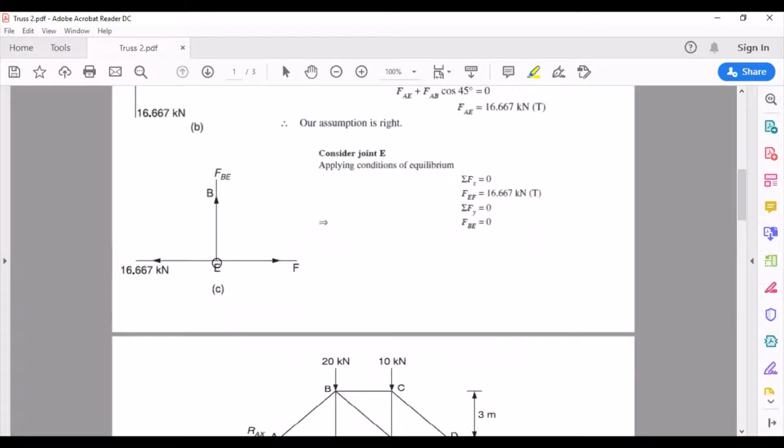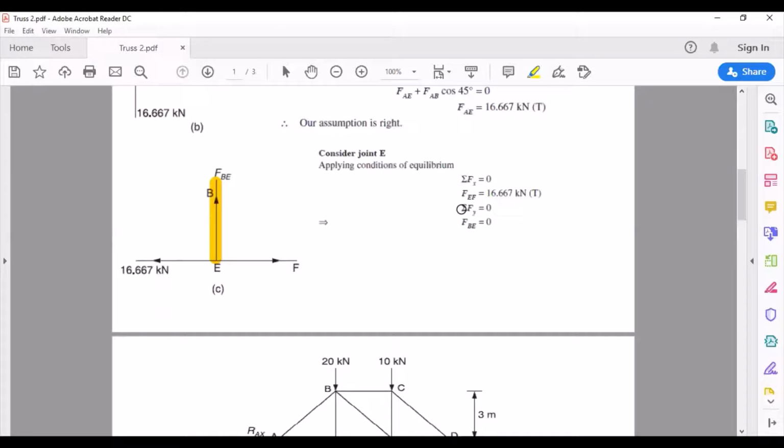You can see that E to A is moving in the leftward direction, whereas EF and EB are assumptions. I have assumed both outside. Now see, one thing you need to make clear here: you have only one vertical member force here, and you do not have any other vertical member force. Thereby this becomes automatically 0.